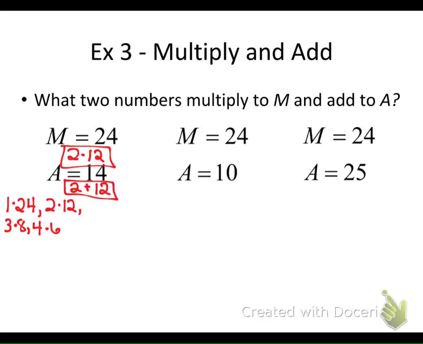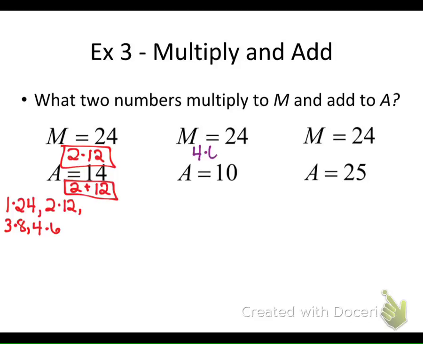All right. Now we're looking for two numbers that multiply together to get 24, but add together to get 10. Which factor pair do we see that multiplies to 24, adds to 10? 4 and 6. Very good.